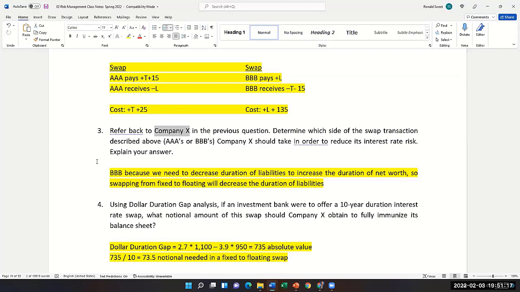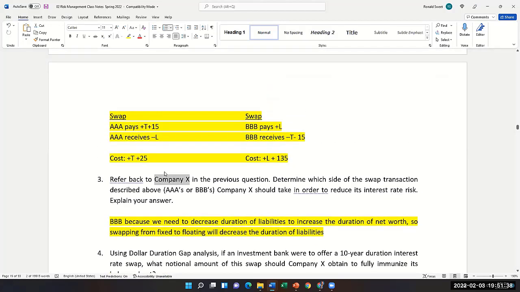And you just have to memorize that. If you want to increase the duration net worth, increase duration of assets, reduce duration of liabilities. If you want to reduce the duration of net worth, reduce duration of assets, increase duration of liabilities. Last class, we wanted to reduce duration of net worth, so we increase the duration of liabilities. So here we want a firm that is reducing the duration of their liabilities.